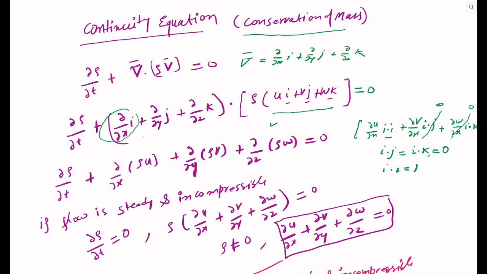We know a dot b equals ab cos theta. Theta here is 90, so cos 90 is 0. So we get only the first term.